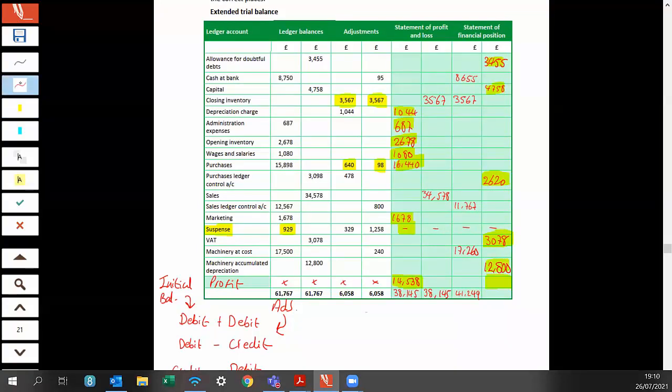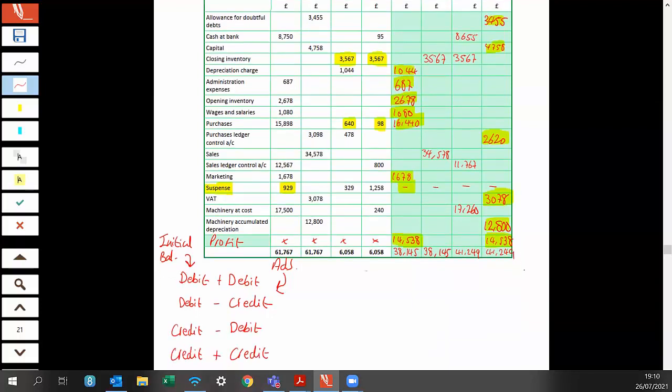The difference between the two figures should be the same, 14,538, which means that our total is 41,249. Fantastic. Everything balances.